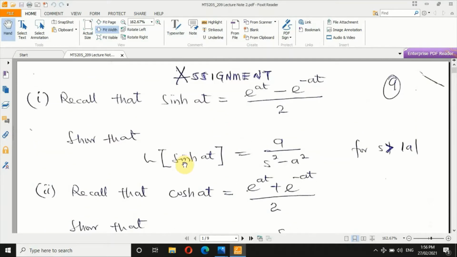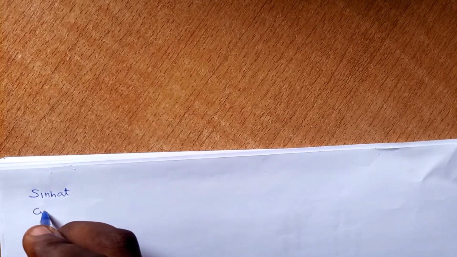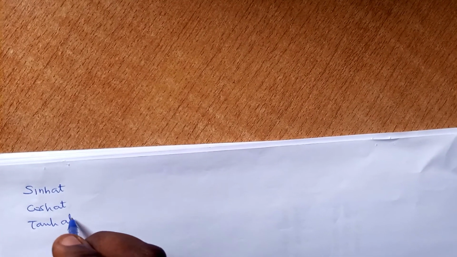So let's consider this sinh at. The first assignment is that we are asked to find the Laplace transform of hyperbolic functions. We have three of them: sinh at, cosh at, and tanh at.